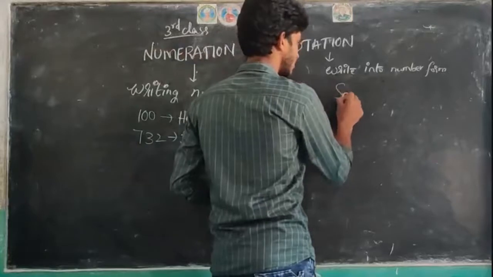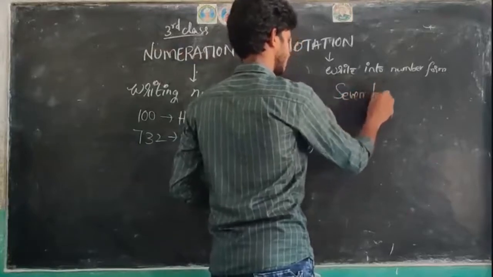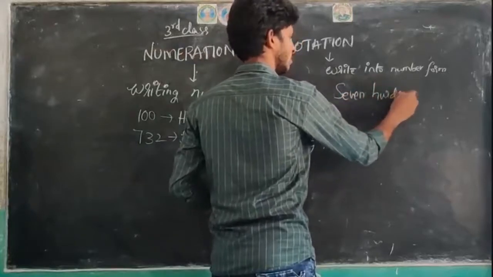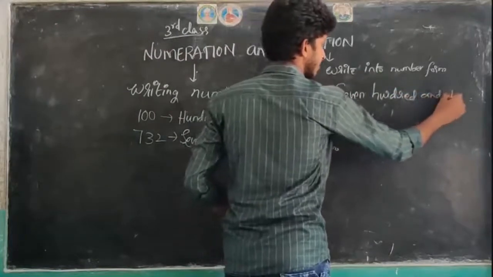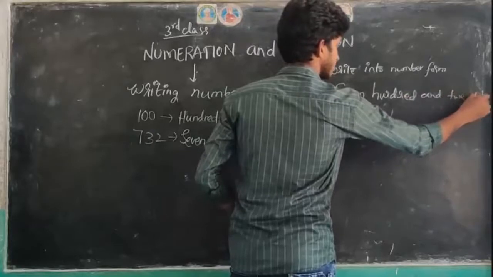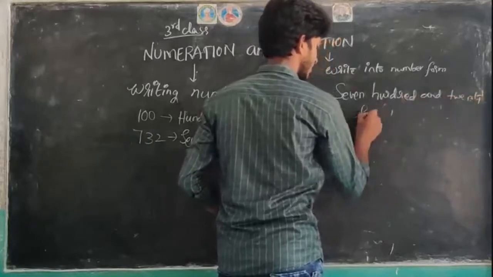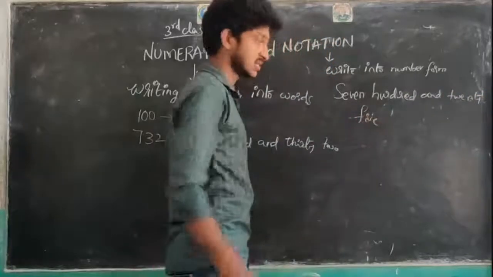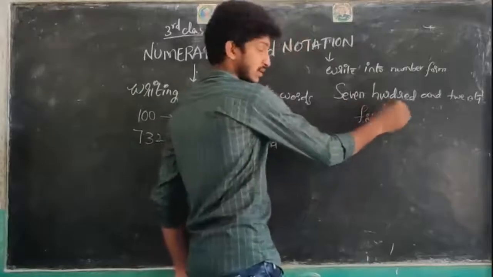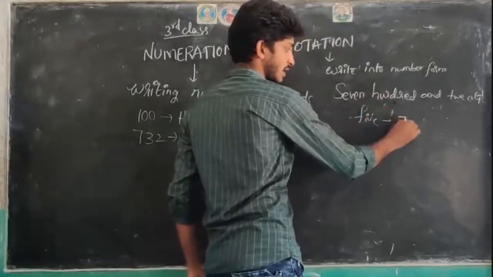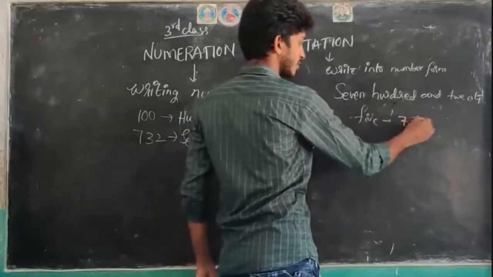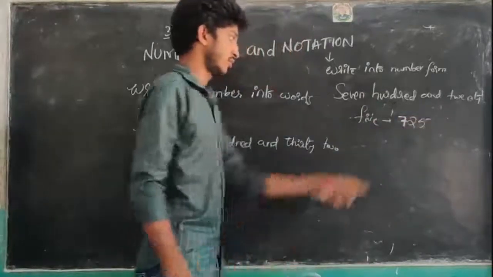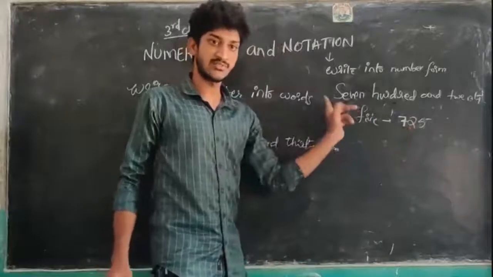Here 700 and 25 is given. Then we can write this as 700. So in hundreds place we have to place 7 and 25. This is the notation of this number.